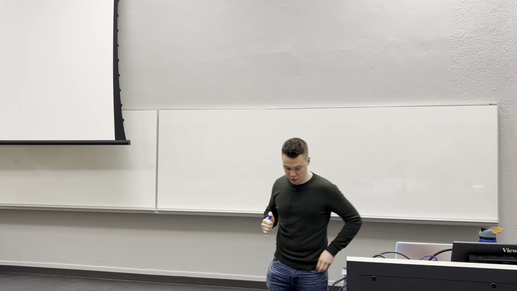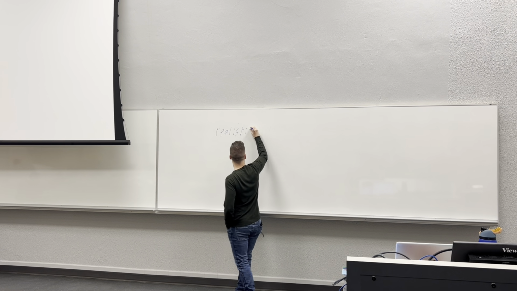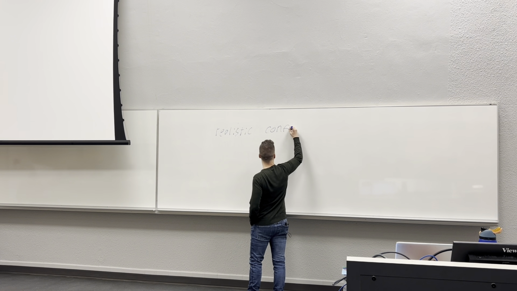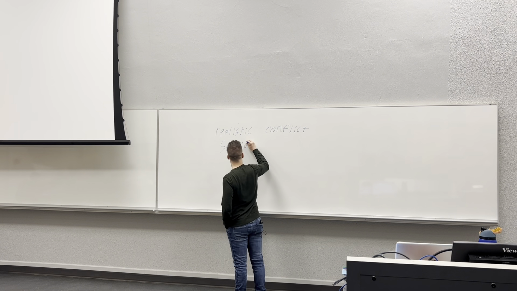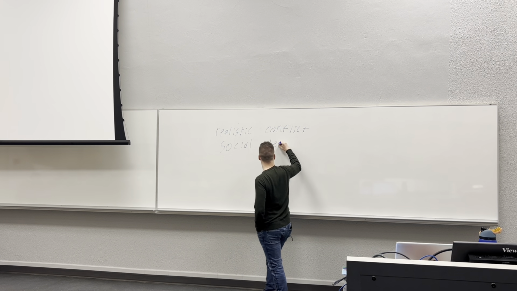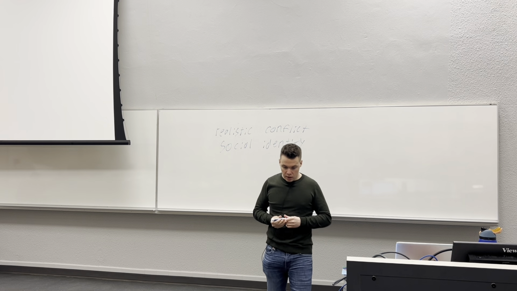Two different theories of the motivational roots of prejudice are realistic conflict theory and social identity theory. These are not mutually exclusive. They could both be factors.